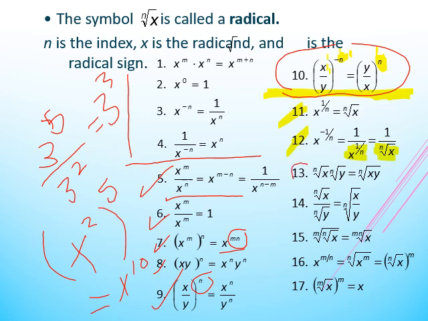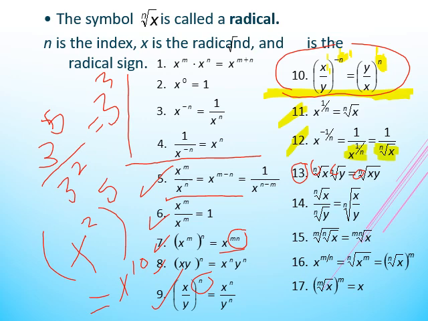Number 13, if we have two different bases and a common index n, we can multiply the bases by each other and take the index as a common factor.